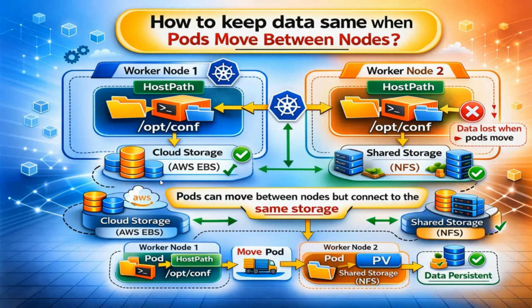Let's see when you actually use persistent volumes. Whenever your application has data that must be preserved whenever pods restart, pods are rescheduled, or during node failures and rolling updates, persistent volumes can be useful. That includes databases, user uploads, logs, and backups.